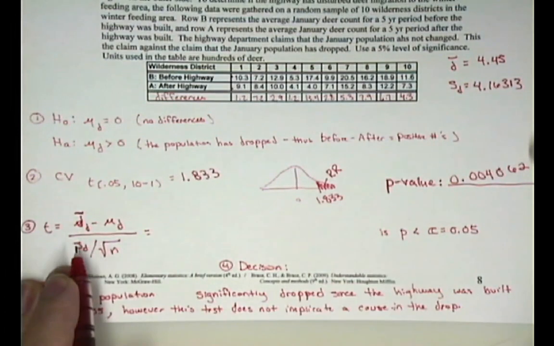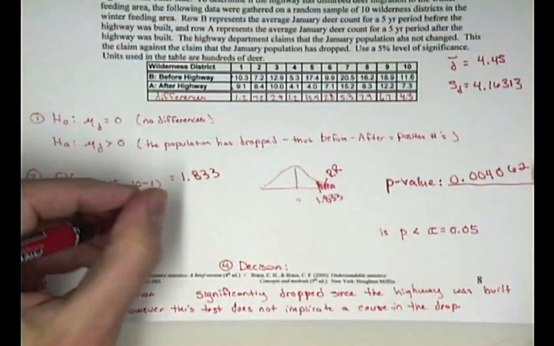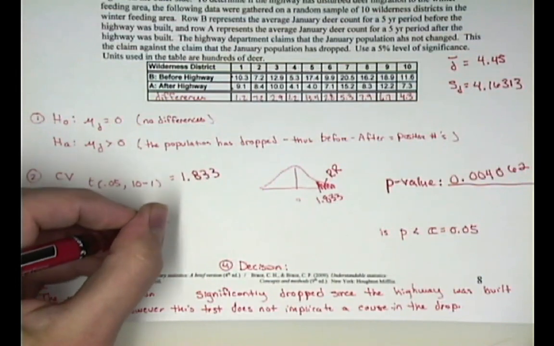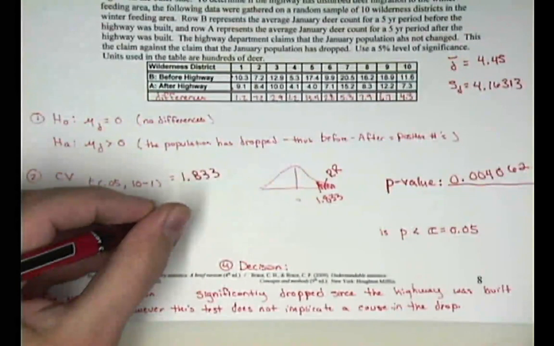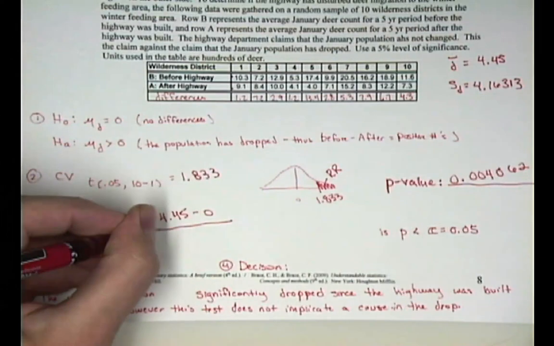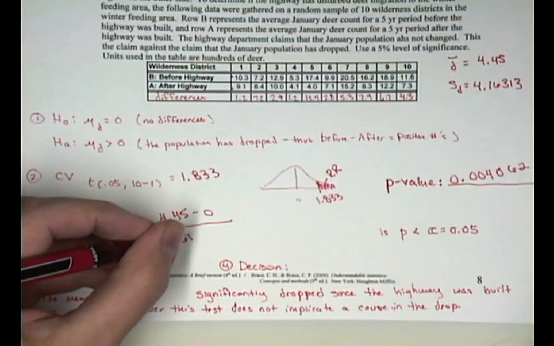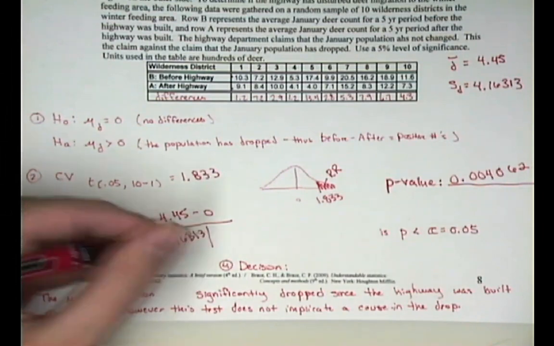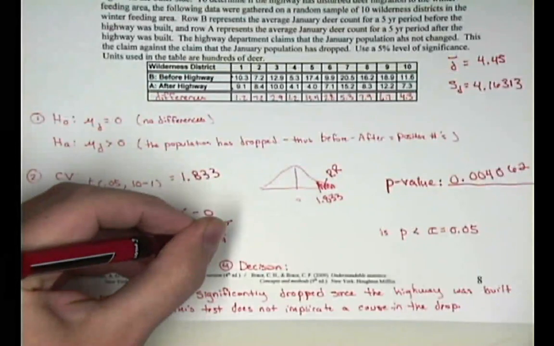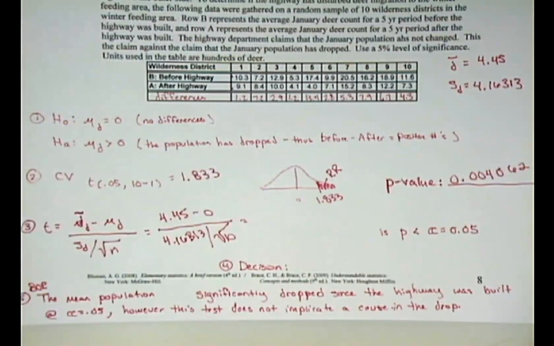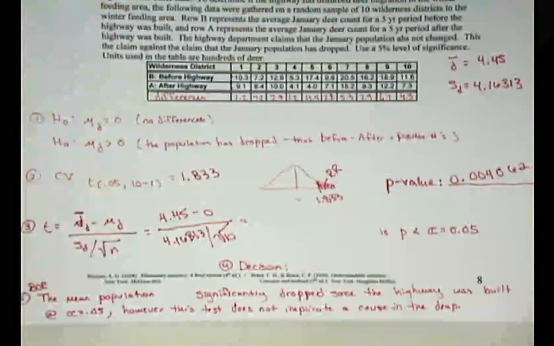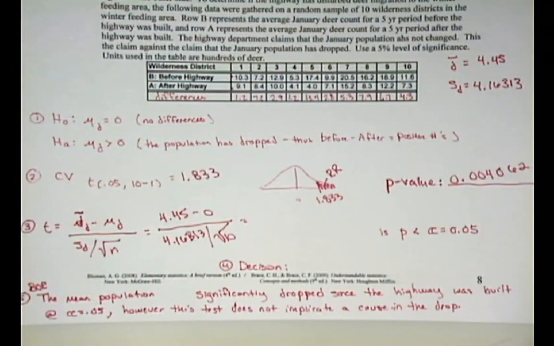But if you're back at the critical value method, you have to do your test statistic to find out if you should reject or not. And like I said, you always come out with the same decision no matter what method you use. One method uses technology to help you find the answers, and the other uses technology as well, but it's a little less straightforward, more manually run on your part.